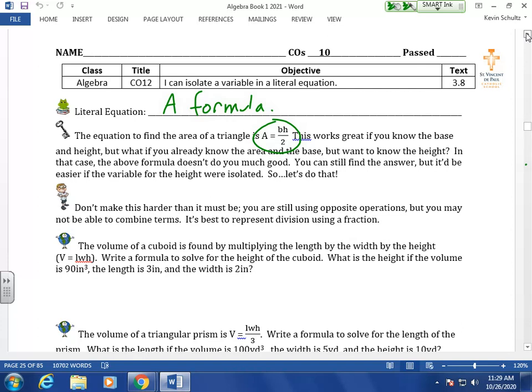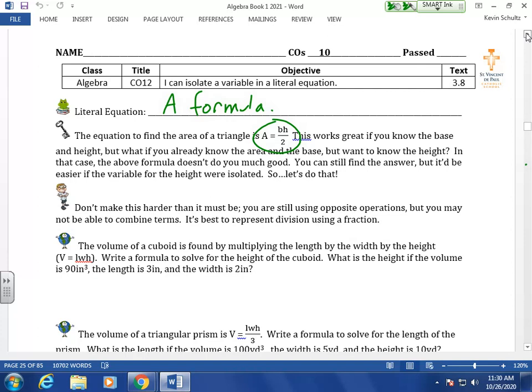We plug them in, we get the area, and we go on with our lives. Now we're looking at, well, what if we know the area, we know the base, and we're looking to solve for the height? We did this a little bit in geometry in PO10, but the next step here, the algebraic step, is we're actually going to rewrite that formula, manipulate that formula. So instead of it equaling the area, it's going to equal the height.